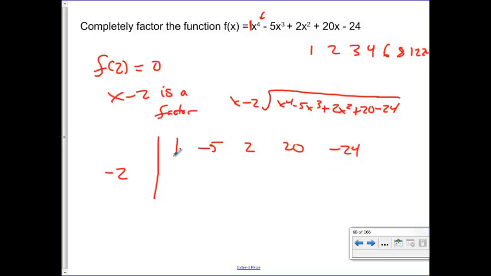You guys remember how to do synthetic division then? Pull down the 1, times these numbers, then subtract, times these numbers, subtract, times these numbers, subtract?